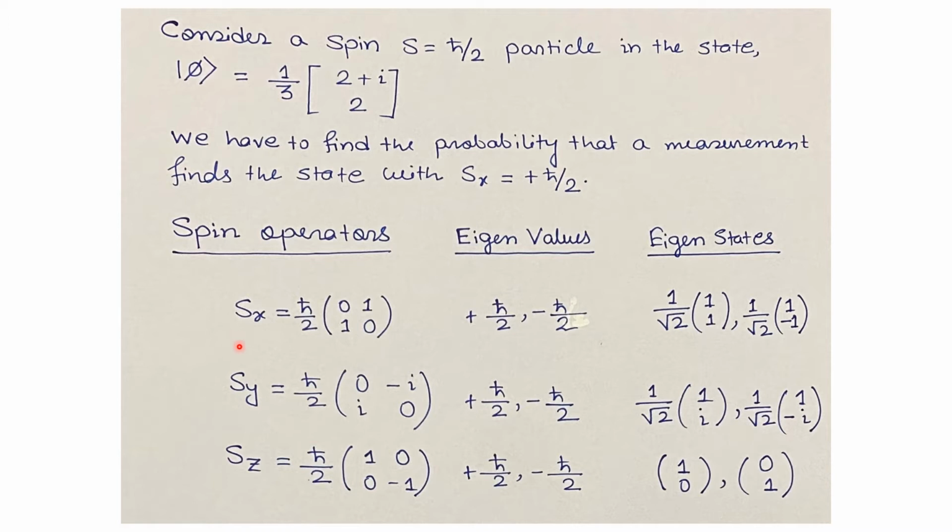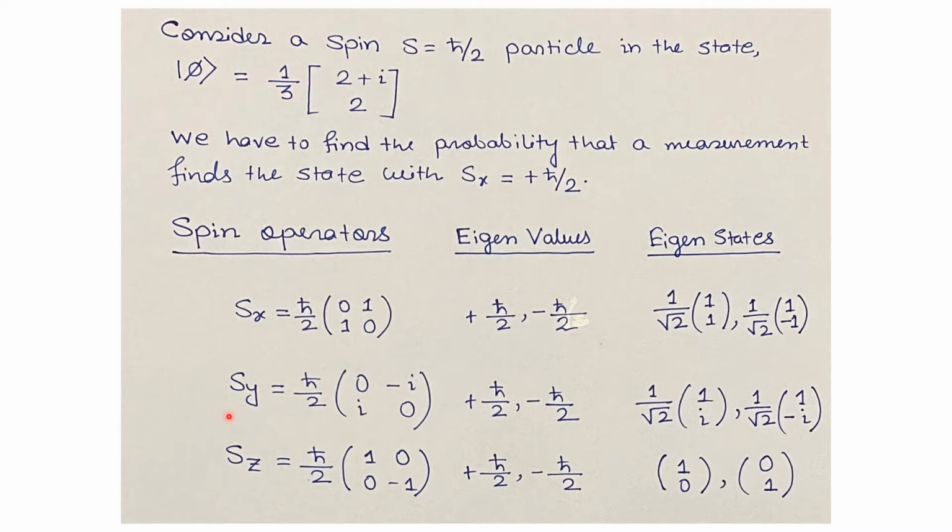The Sx operator is represented as ħ/2 times the matrix (0 1; 1 0), and this operator has the eigenvalues plus ħ/2 and minus ħ/2, and the corresponding eigenstates are 1/root 2 (1, 1) and 1/root 2 (1, -1) respectively.